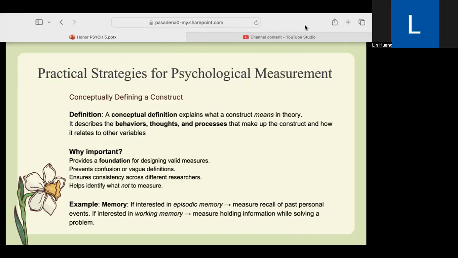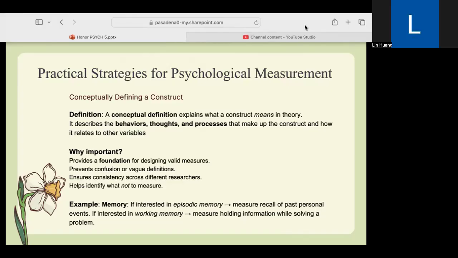It describes the behaviors, thoughts, and processes that make up the construct and how it relates to other variables. It provides a foundation for designing valid measures. It prevents confusion or vague definitions. It ensures consistency across different researchers, and thus it helps identify what not to measure.